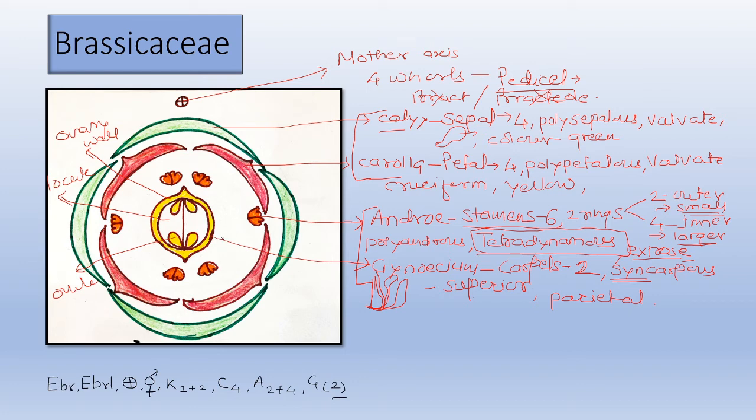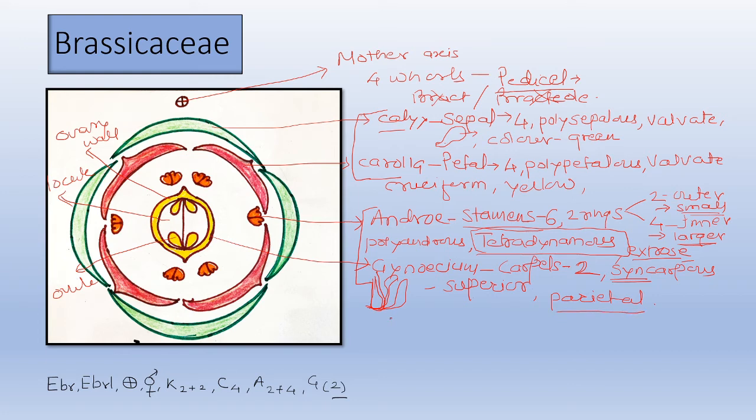When we cut the transverse section of the ovary, we see the placentation type. In that, the arrangement of the placenta or ovules is important. In this case, you can see the ovules are coming from the wall of the ovary. Their origin is here. So the placenta is present here, and the placentation is parietal in nature.